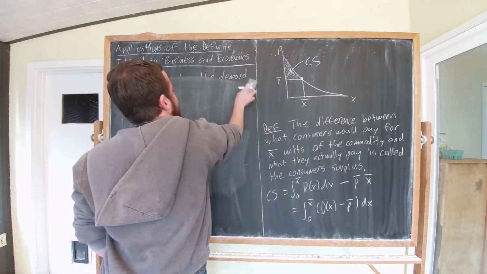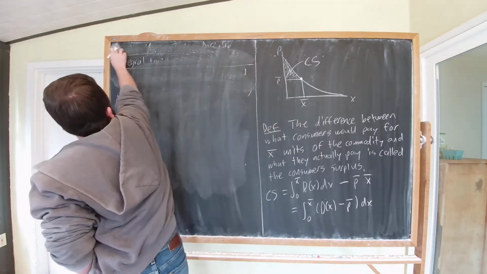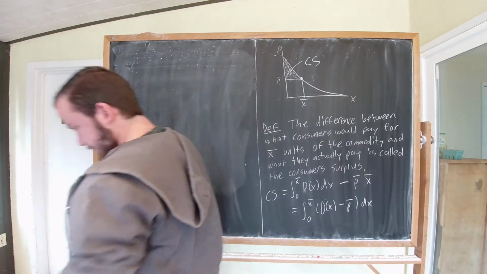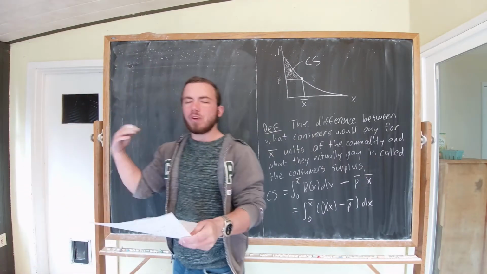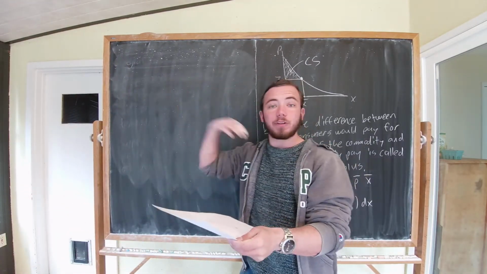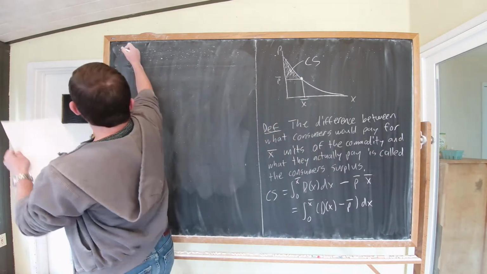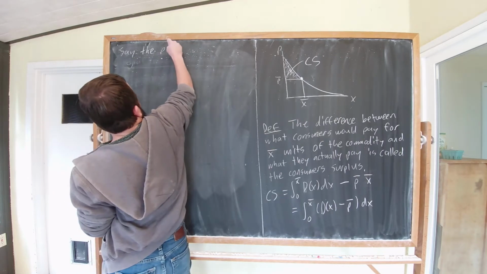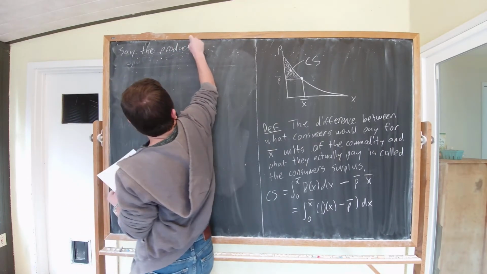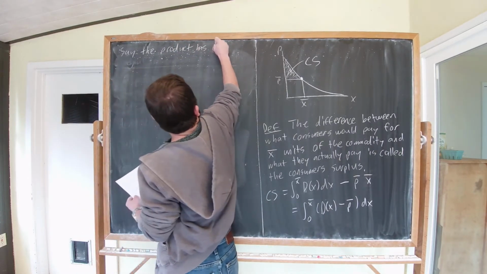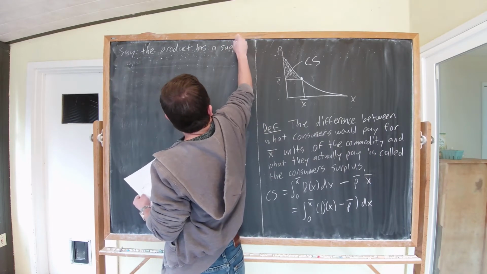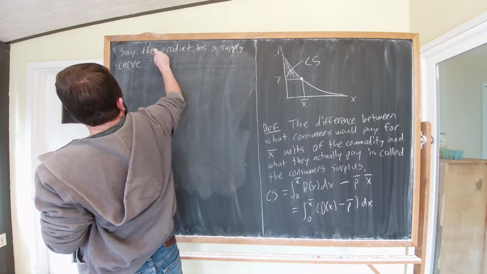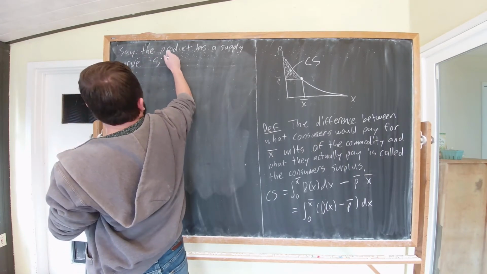But anytime you talk about demand curves, you can talk about the dual notion of a supply curve. So if we try the exact same piece of work over in the supply world, say the product has a supply curve capital S of x.